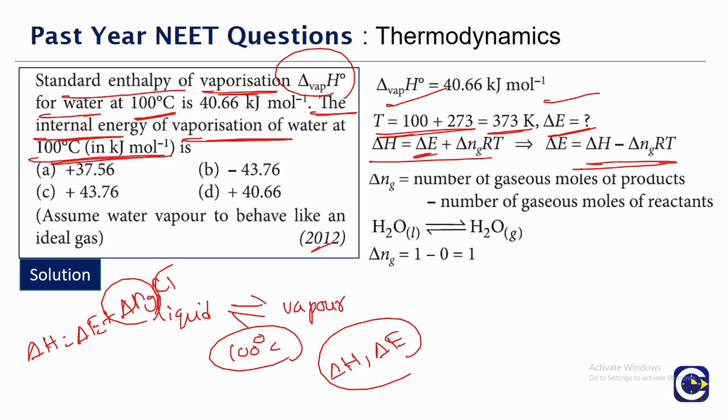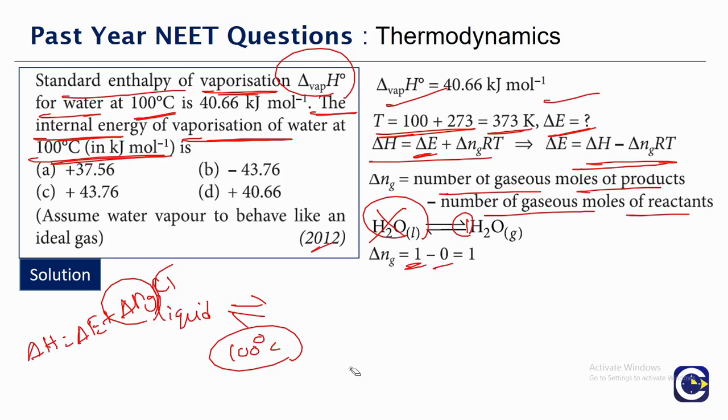Now the process is vaporization, where the liquid becomes vapor. H2O liquid becomes H2O vapor, gas. On the product side the number of gas moles is 1.